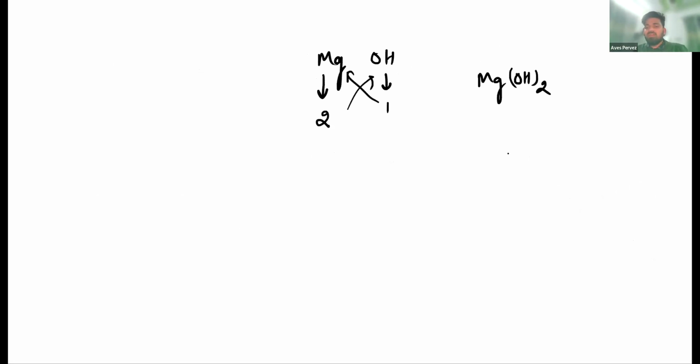For example, for magnesium hydroxide, magnesium is +2 and OH is -1. If you cross multiply these two, you will get Mg(OH)2. Otherwise, this is +2, so how many atoms of -1 will be required to counterbalance this +2 charge? 2 such atoms will be required. So this is magnesium hydroxide. You understood? Yes, sir. Okay.